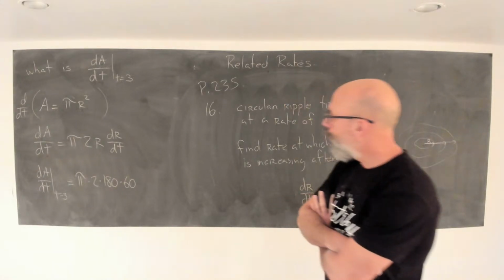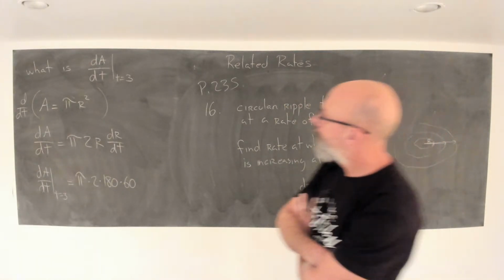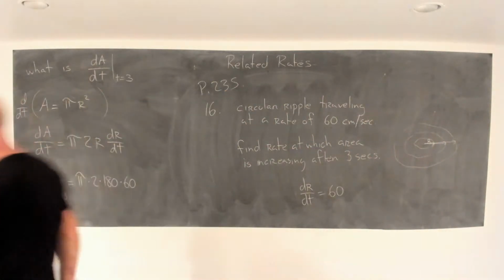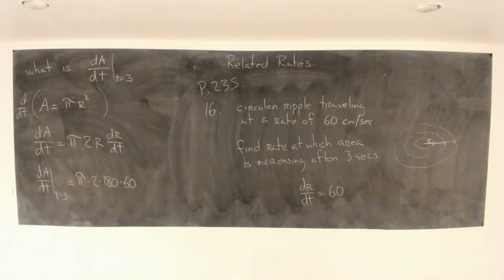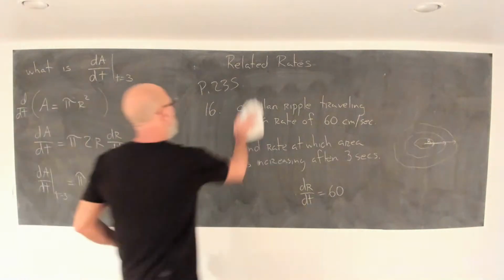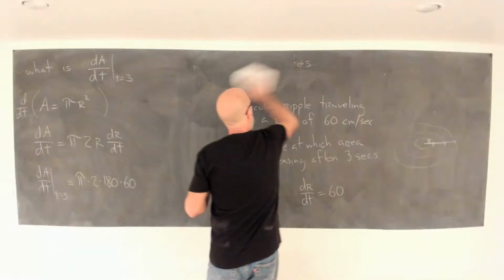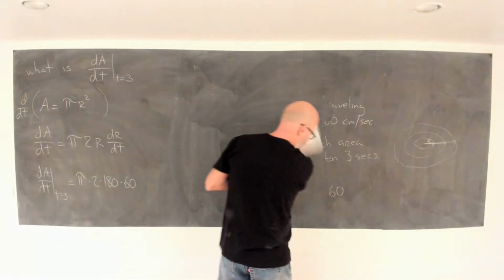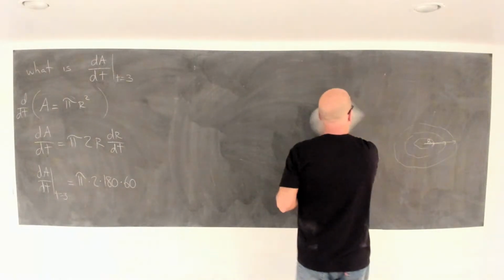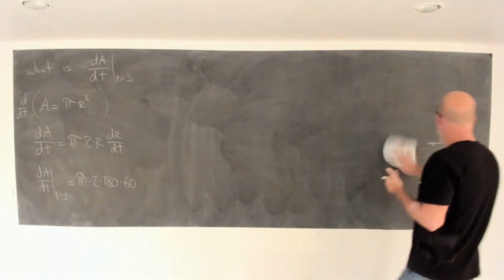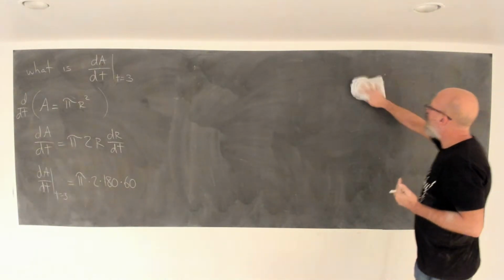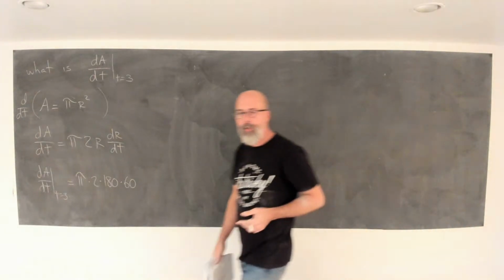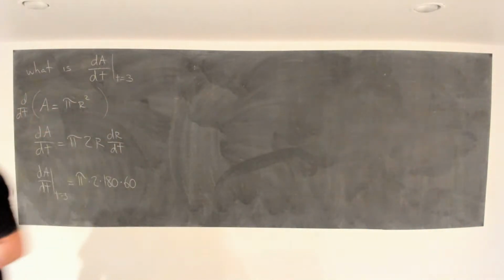A big number for sure, yeah. But that's the idea behind related rates. You have to find some relation between what they want and what they give you. That's all. That's all it is. Thank you.